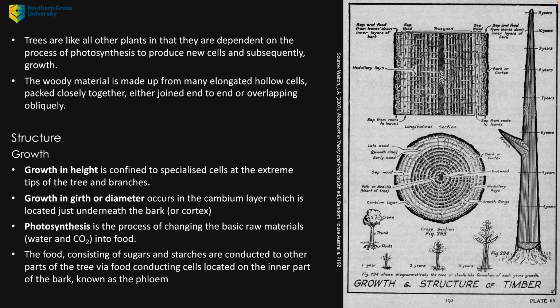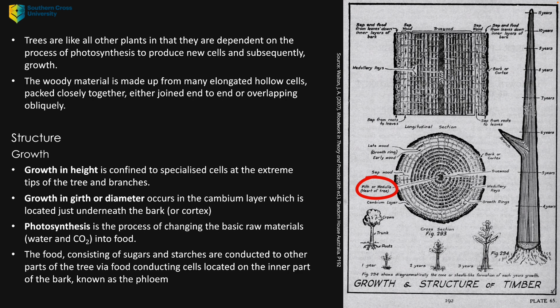So the growth in height is confined to specialized cells at the extreme tips of the tree and branches. So these cells are quite different to the other cells of the tree, and usually we don't use them at all when it comes to constructing or designing with timber. You can see in the image on the right hand side, those cells are right in the very middle, and they're called the pith, the heart of the tree.